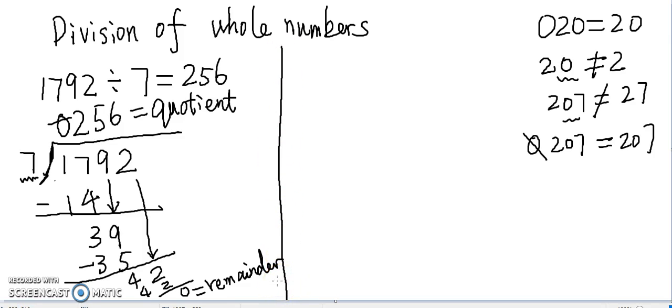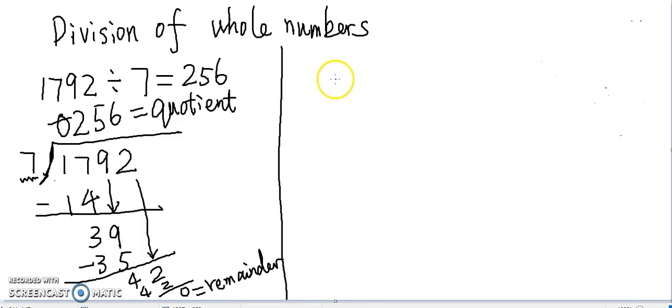Now let's take a look at another example. This time I'm going to divide, say, 1512 by maybe 7.